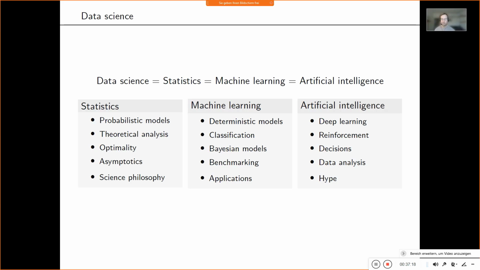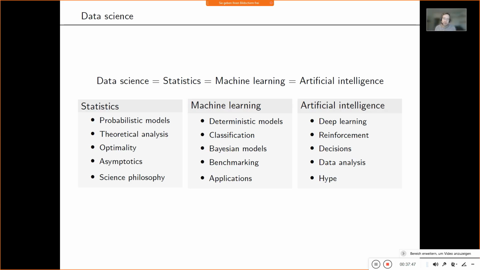Can we say that things are good in general, and maybe good in terms of asymptotics if we have a lot of data? That's the main focus of statistics. Of course, if you go more into frequentist versus Bayesian statistics, at one point you end up in philosophy of science, which is also interesting. But this is what people usually think of when talking about statistics.